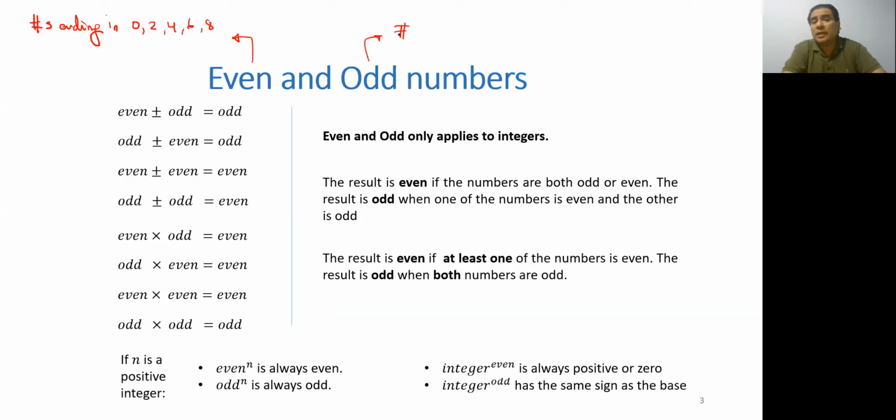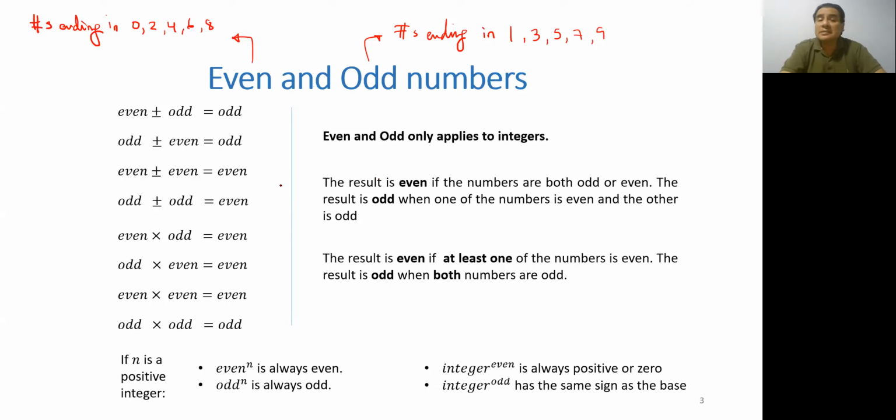Odd numbers are numbers ending in 1, 3, 5, 7, and 9. These are odd numbers. There are certain rules that can predict the result of an addition, a subtraction or the multiplication of even and odd numbers.